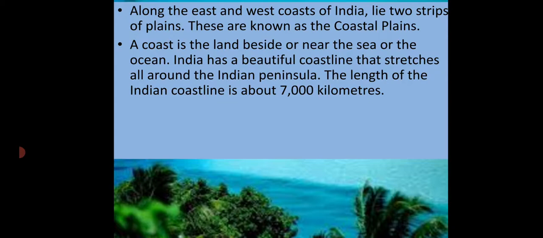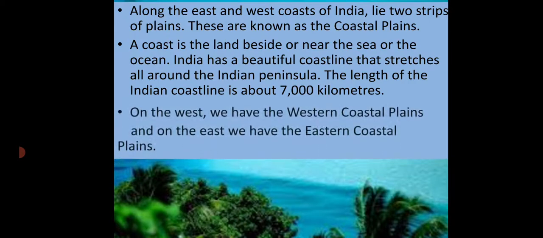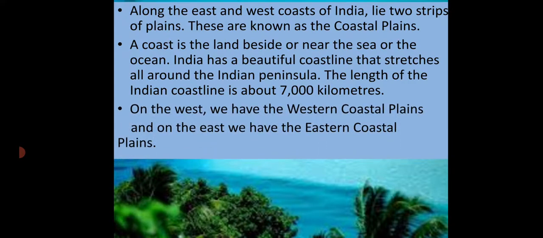The length of the Indian coastline is about 7,000 kilometers. On the west, we have the western coastal plains, and on the east, we have the eastern coastal plains.